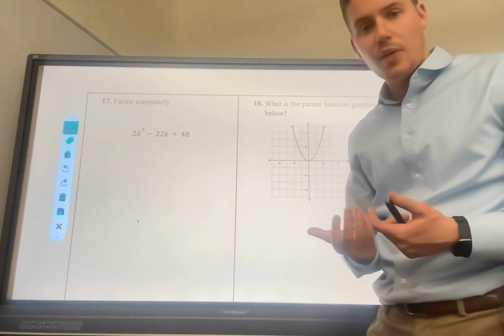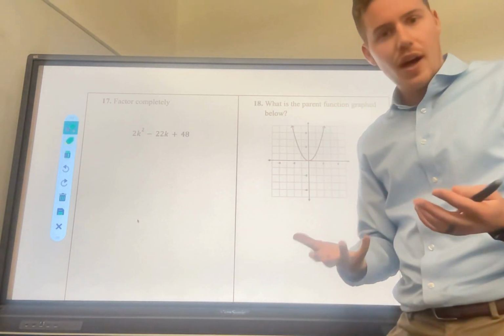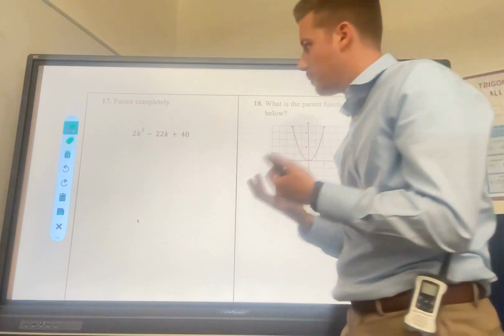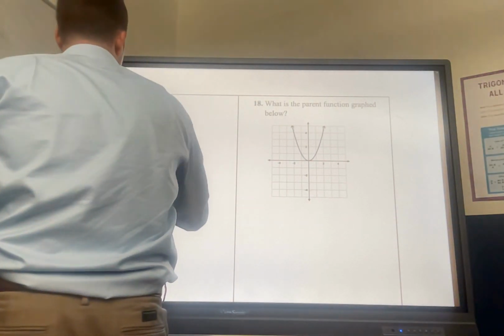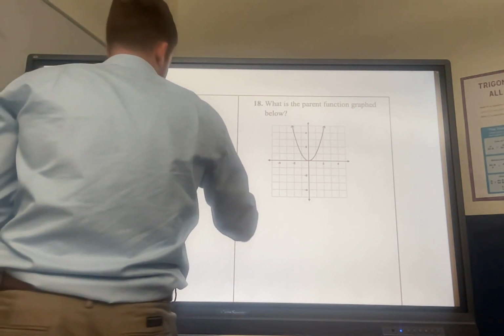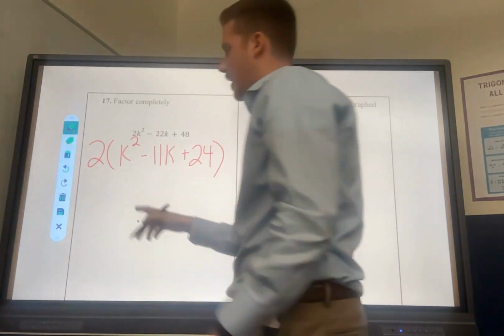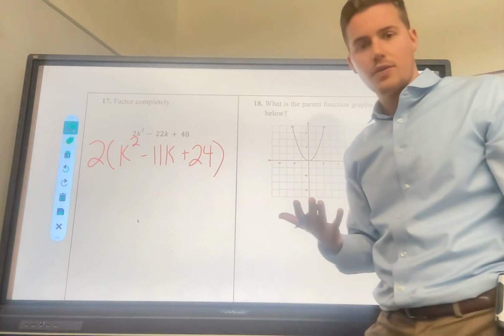In this case, I see one right away. 2, 22, 48. Well, they all have a 2 as a multiple. So let's go ahead and factor out a 2. Okay, I'm left with 2 times k squared minus 11k plus 24.